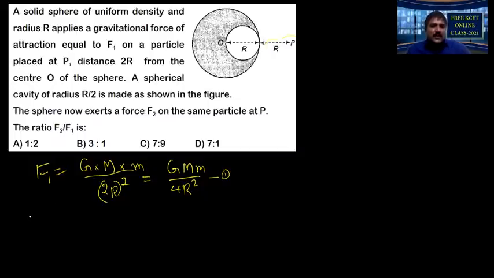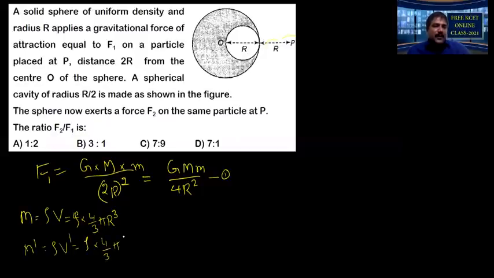So the mass is proportional to, say, mass equals rho into volume, density into volume. So I can write density rho into 4 by 3 pi r cube for the big sphere, and for the cavity region, m dash equals rho v dash, that is rho into 4 by 3 pi r cube, where r is not r, it is r by 2.